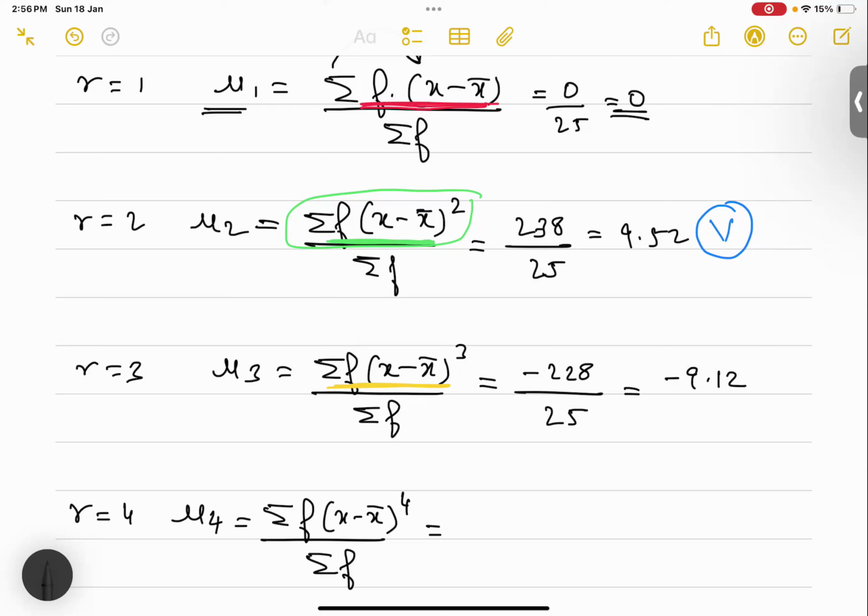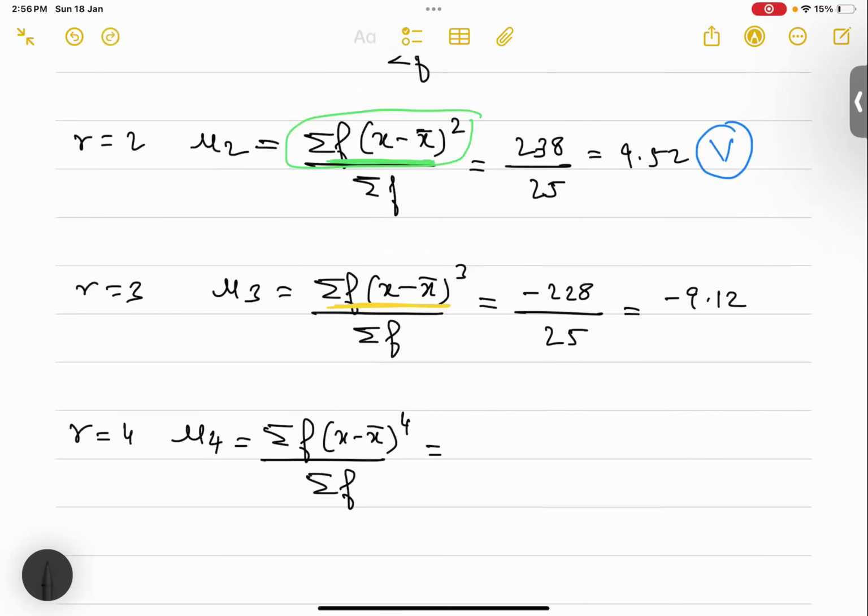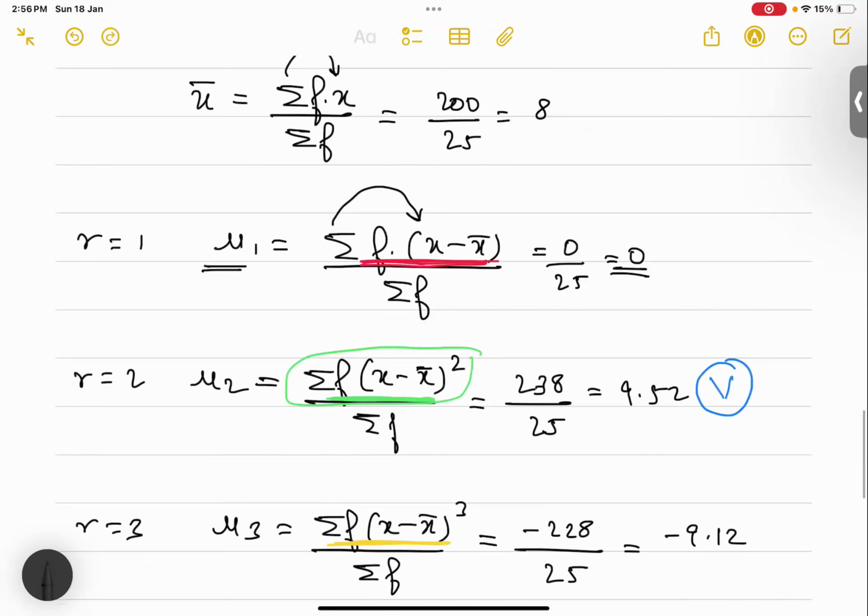Summation f is equal to 25. So we need to prepare that column f into (x minus x bar) raised to 4. One last column, that will be over here.